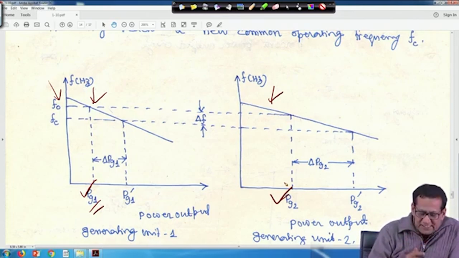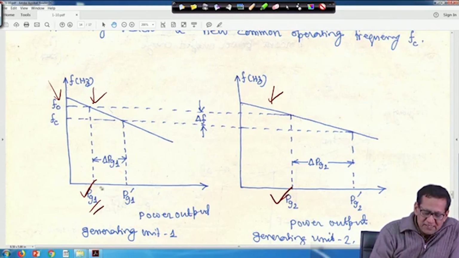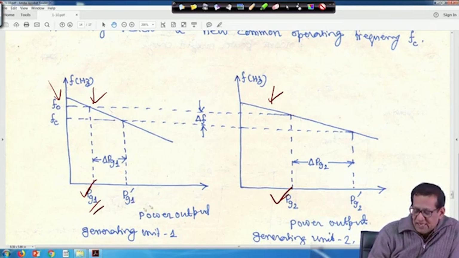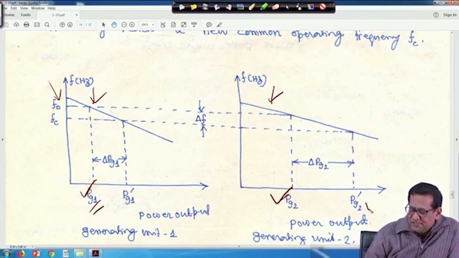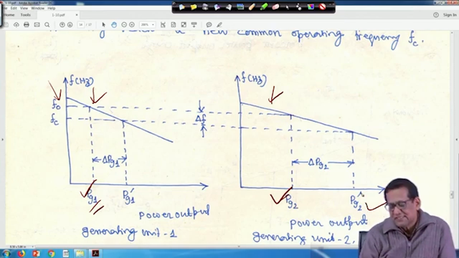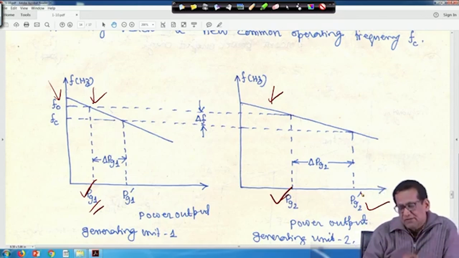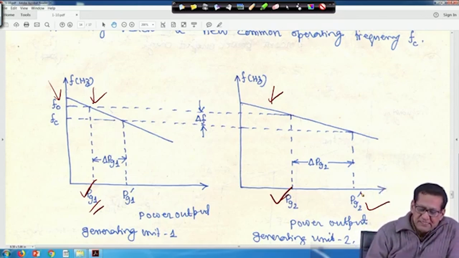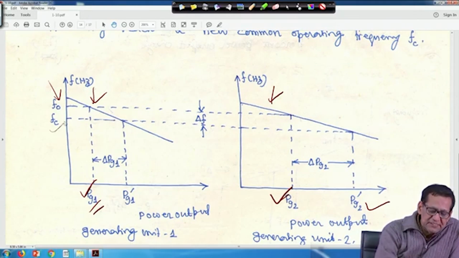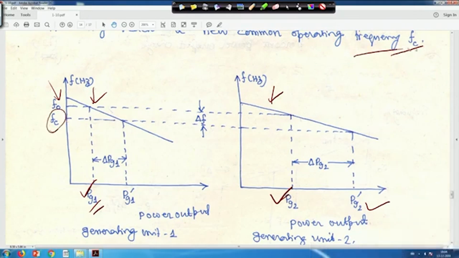If load has increased, because of that Pg1 has increased to Pg1 dash and Pg2 is now Pg2 dash. So, load has increased, so power from the two generators has also increased. In that case they have to operate at a common frequency. This is Fc, the common frequency, right.